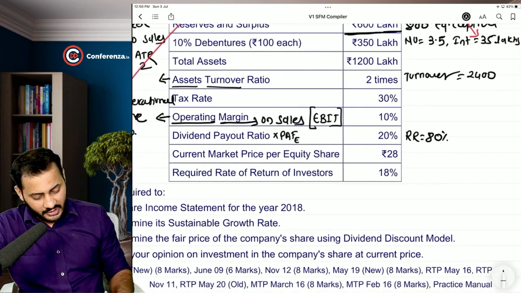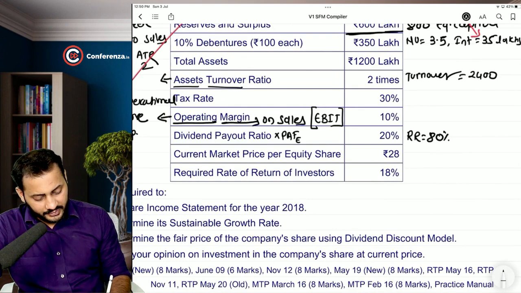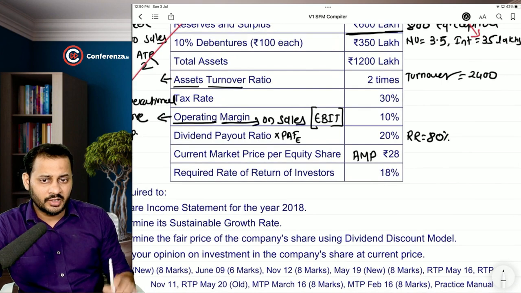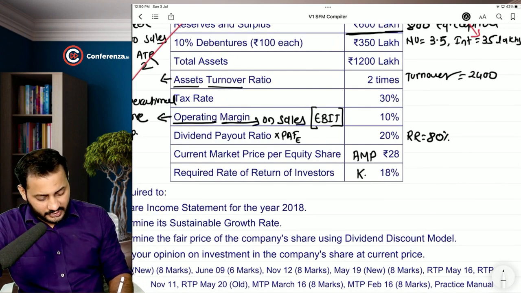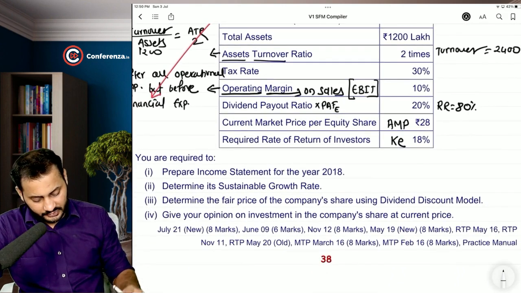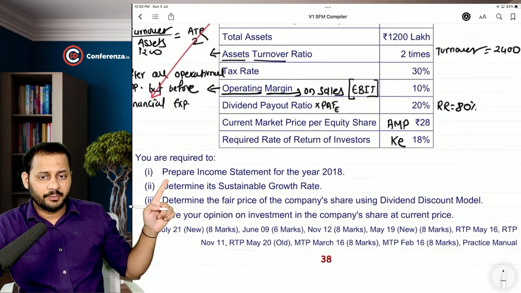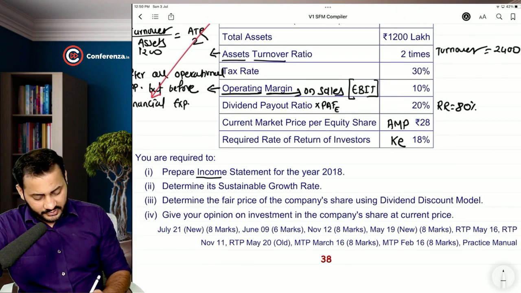After that, the market price per equity share is 28. This is called the actual market price. Required return is called the cost of equity. Okay. First of all, they want us to prepare the income statement for the year 2018. Income statement starts from the figure sales.